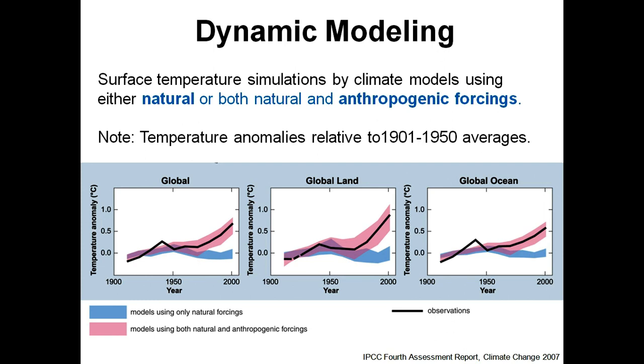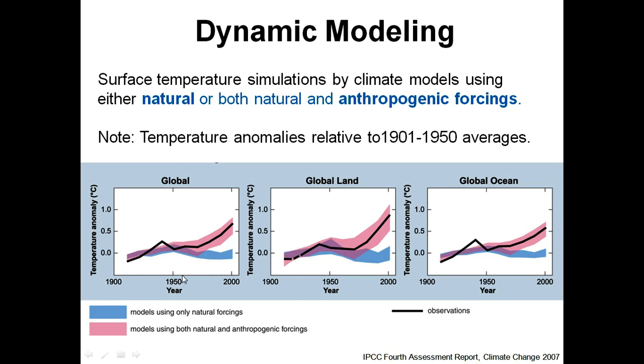So what they did was they tried to simulate the global temperature using just natural forcings and also by combining both natural and anthropogenic forcings, and then they tried to fit the actual readings with those simulations. So let's focus on this graph, the global temperature anomaly.